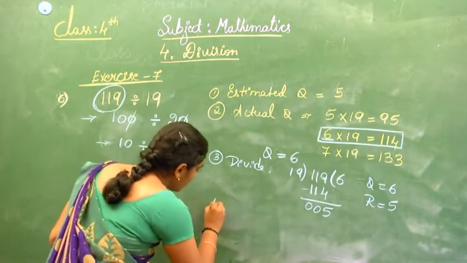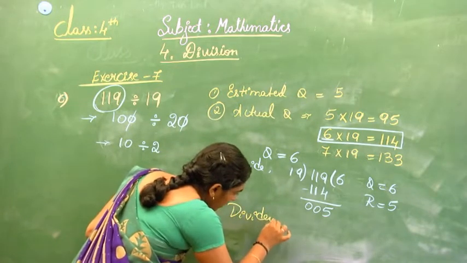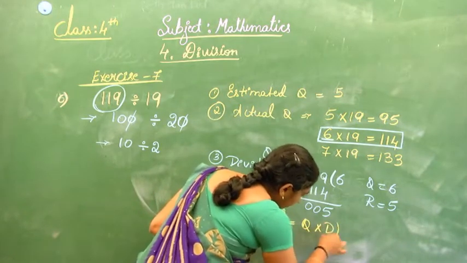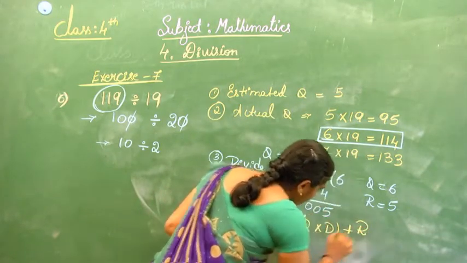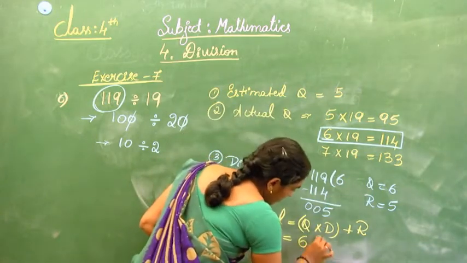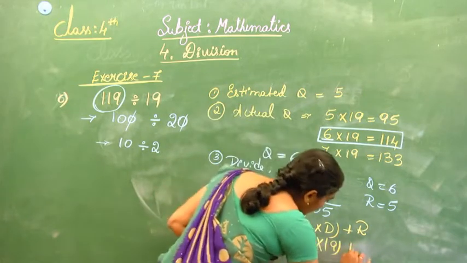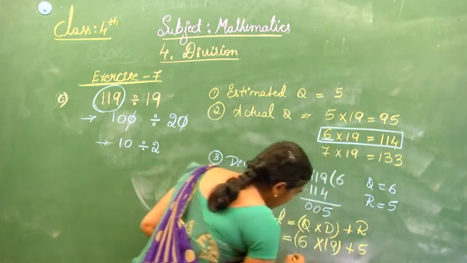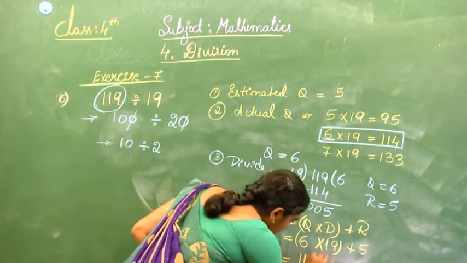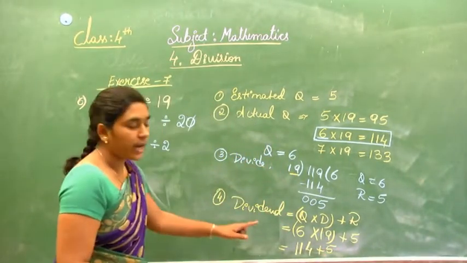Let's check the answer. Dividend is equal to quotient into divisor plus remainder. We have got 6 multiplied by 19 plus 5. 19 sixes is 114, plus 5.